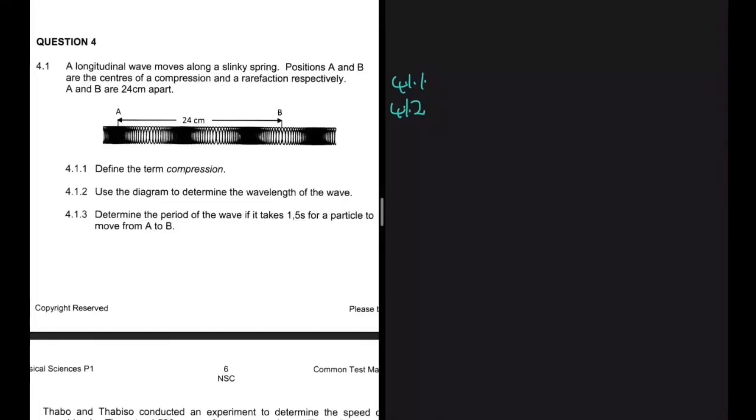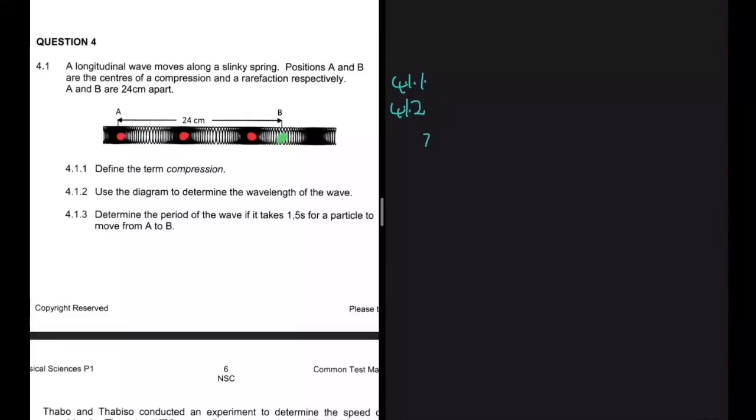So let's go to our sketch and do some analysis. From this compression here at A to this compression here should be one wavelength, and from that compression to this compression shall be our second wavelength. And from that compression to this region of low pressure should be half a wavelength.